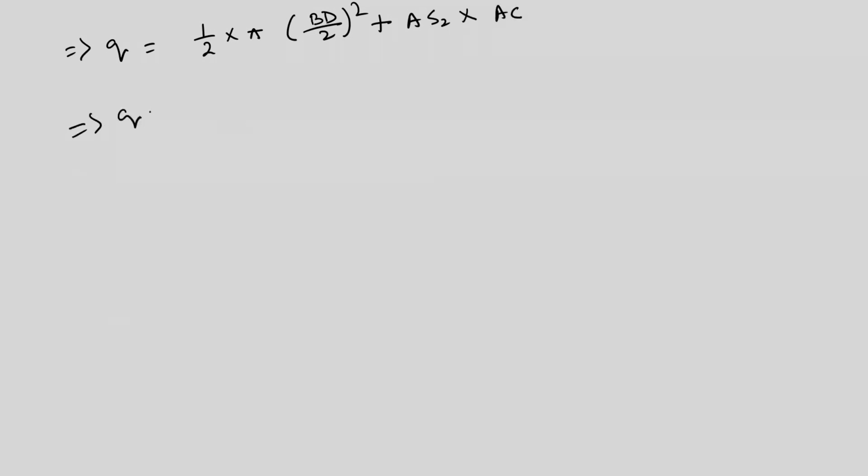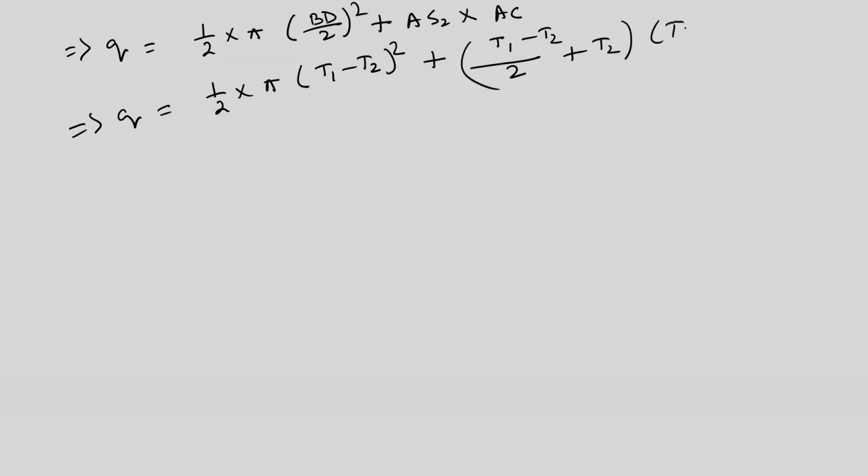So, we get Q is half times pi times (T1 minus T2) to the 2 plus (T1 minus T2 by 2 plus T2) times (T1 minus T2).